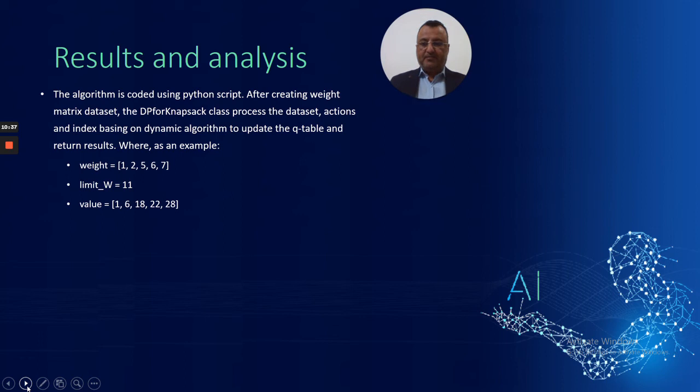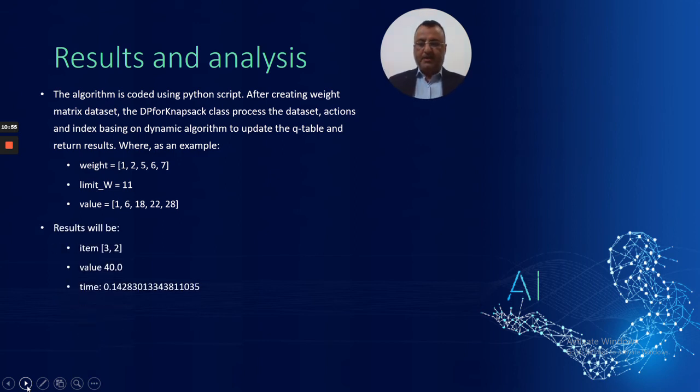In the example, weight equals 1, 2, 5, 6, 7, limit W equals 11, value equals 1, 6, 18, 22, 28.